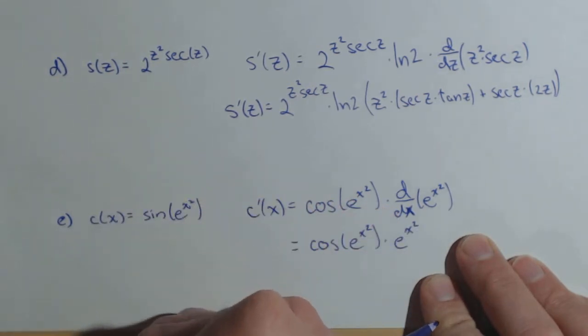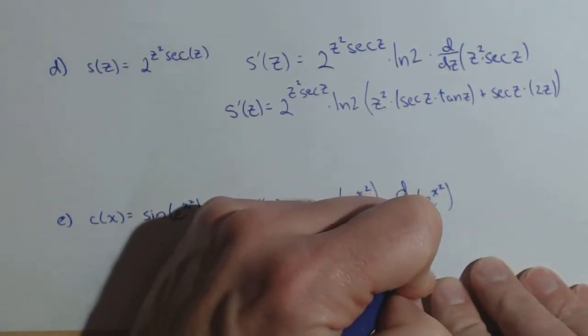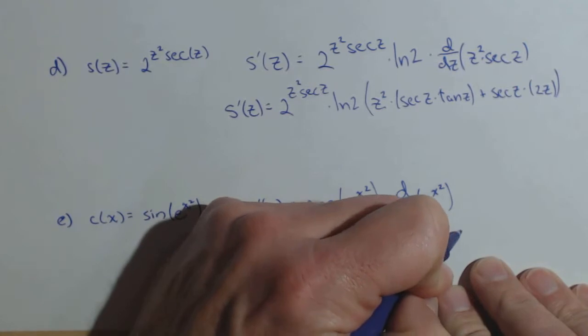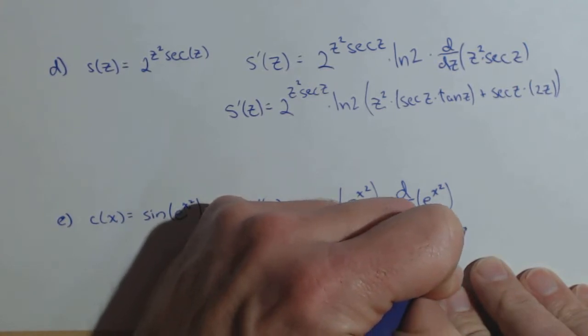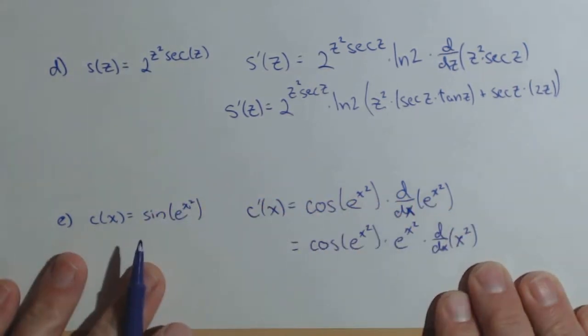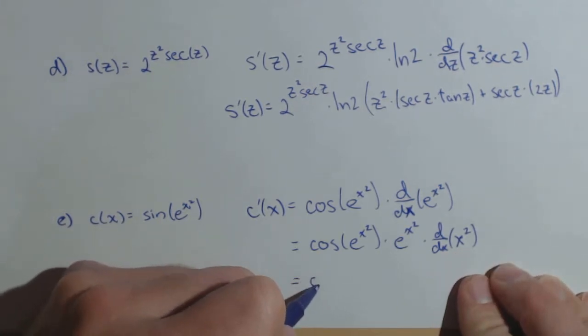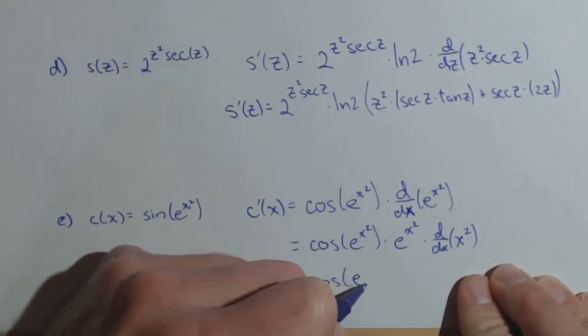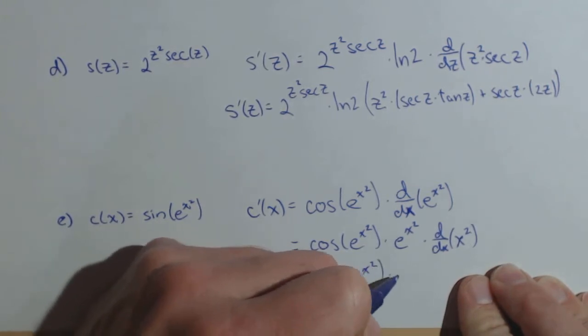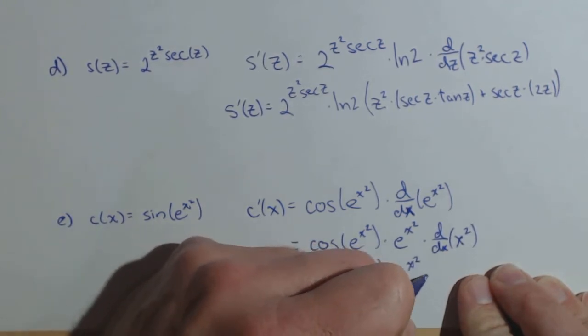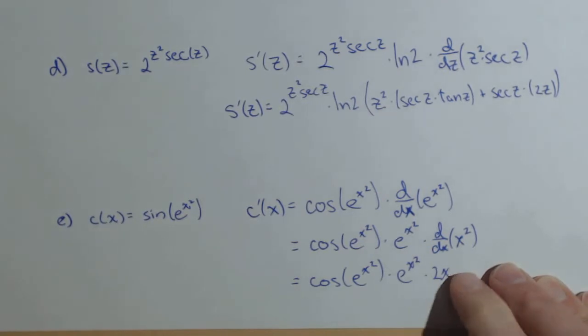We don't need an ln because the base is already e, times the derivative of the inside, x squared. Well, that's a simple power rule, and that's not a composition, so when we do the derivative of this, we'll be done. Cosine of e to the x squared times e to the x squared times 2x. And we're done because we know this isn't a composition.